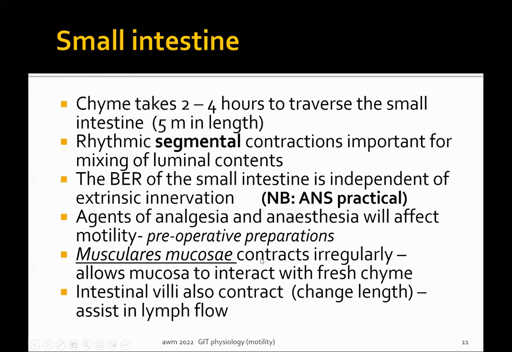The muscularis mucosa, remember we said, is made up of an inner circular layer and an outer longitudinal layer, and it contracts irregularly, not as regularly as the main muscle coat. It allows the mucosa, as it contracts, to push the villi into and out of the wall.